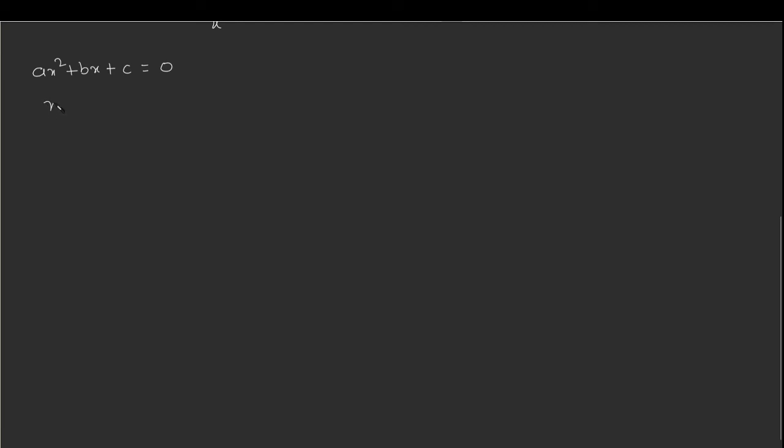So that will become x square plus b by a x, that will be equal to minus c by a, right? Now I will do as earlier. So first, I will represent x square as a square. So I will draw a square here.